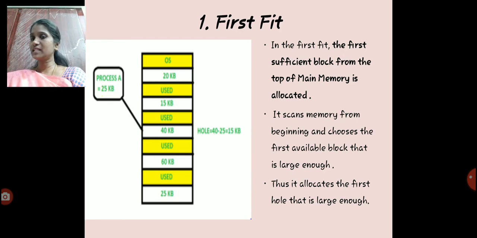The next partition is 40 KB, so it can freely accommodate process A, which is of size 25 KB. The operating system just scans from top to bottom, and whenever it encounters a partition which can accommodate the waiting process, that hole will be granted to the requesting process. This is called first fit.